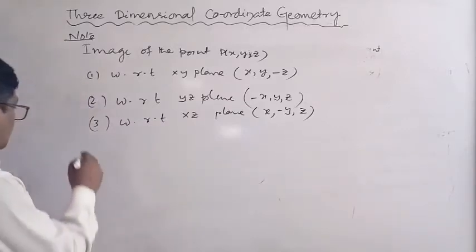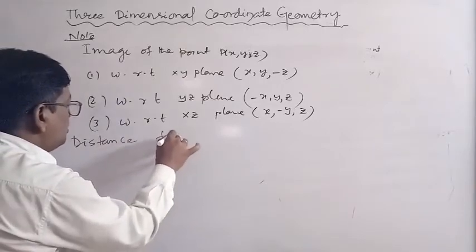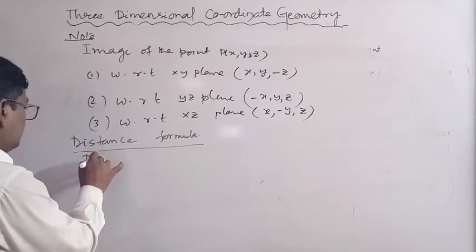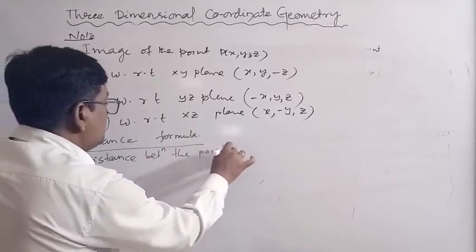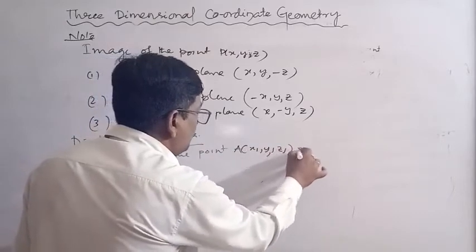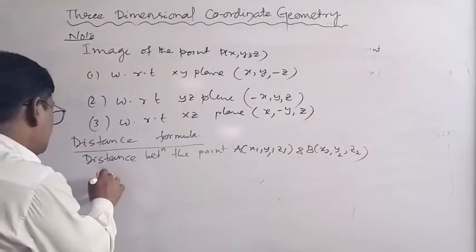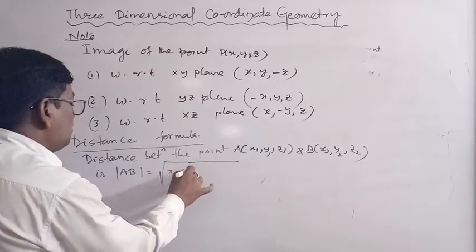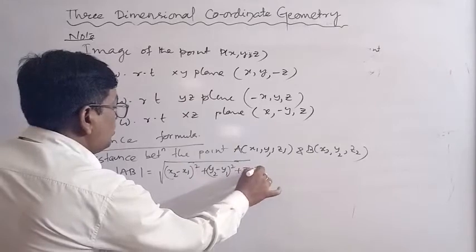Again, distance formula. Now the distance between two points: the distance between the point A(x1, y1, z1) and B(x2, y2, z2) is given by AB equal to the square root of (x2 minus x1) whole square plus (y2 minus y1) whole square plus (z2 minus z1) whole square.